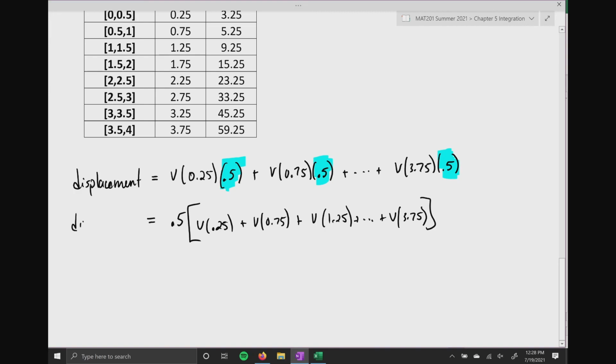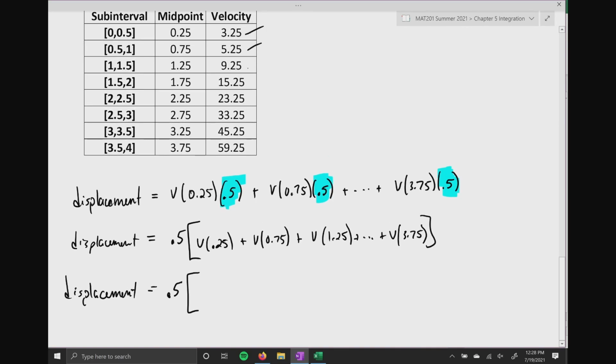So that's what I'm going to do here. So just give me a second. Let me catch up. So we got 0.5 times. Now I'm going to take every single one of these values from my table and just add them up. So I'm just writing everything out so you can see everything.